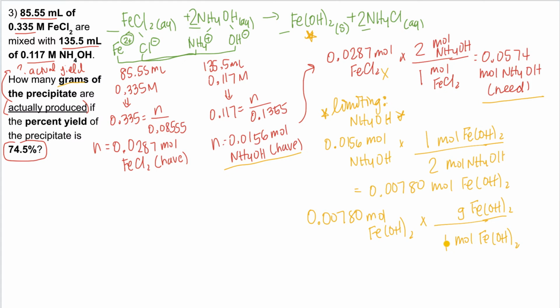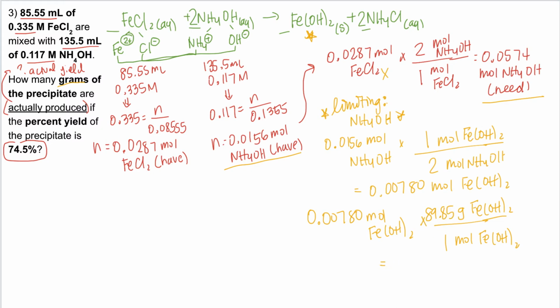Okay, good. So we have 55.85, and we're going to add that to the molar mass of 2 oxygens, which comes out to be 32 grams per mole, plus the molar mass of 2 hydrogens, which is just about 2 grams per mole. So we end up with a molar mass of about 89.85 grams per mole for iron 2 hydroxide.